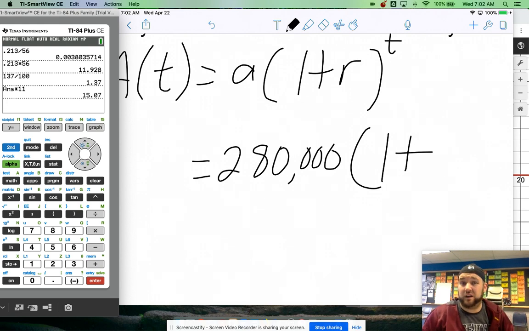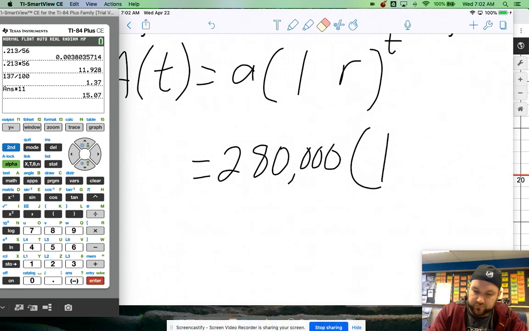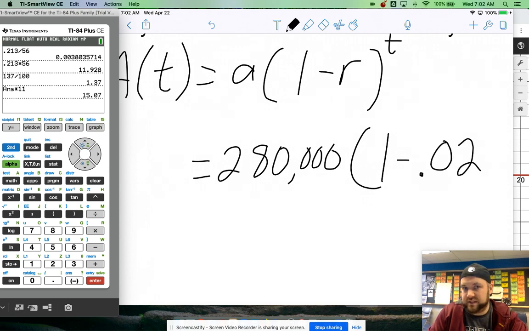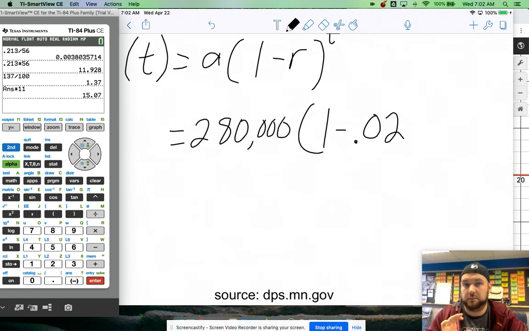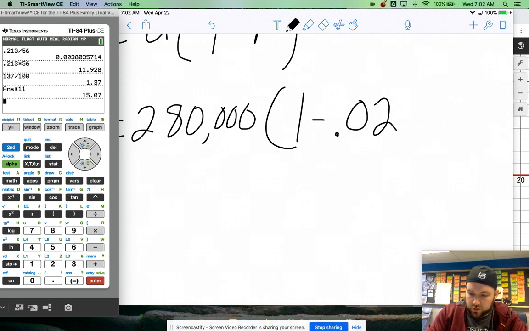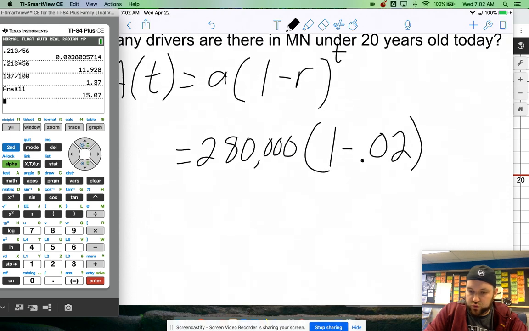Now I've already messed up because the percentage change is actually going down 2%. So these should both be minus signs. 1 minus, 1 minus. And then since it's R, my percentage was 2%, which as a decimal is 0.02. Okay, not 0.2, not 2, but 0.02. And then this is going to be raised to the T.